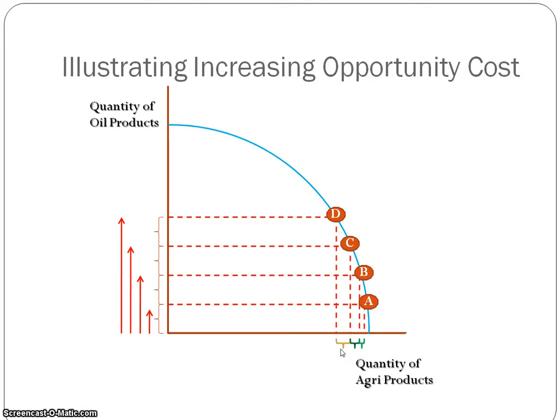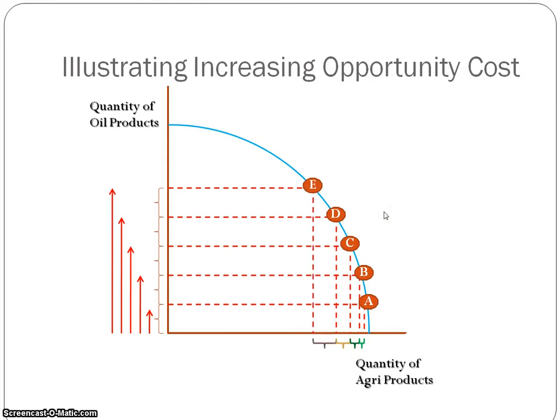So far we recognize that a trend is occurring. Each time production of oil products increases in equal increments, the amount we lose of agri-products gets larger and larger each time. First, this small light green bracket we lost, then we lost this larger bracket, this dark green bracket of goods, and then we lost a larger bracket, this tan bracket.